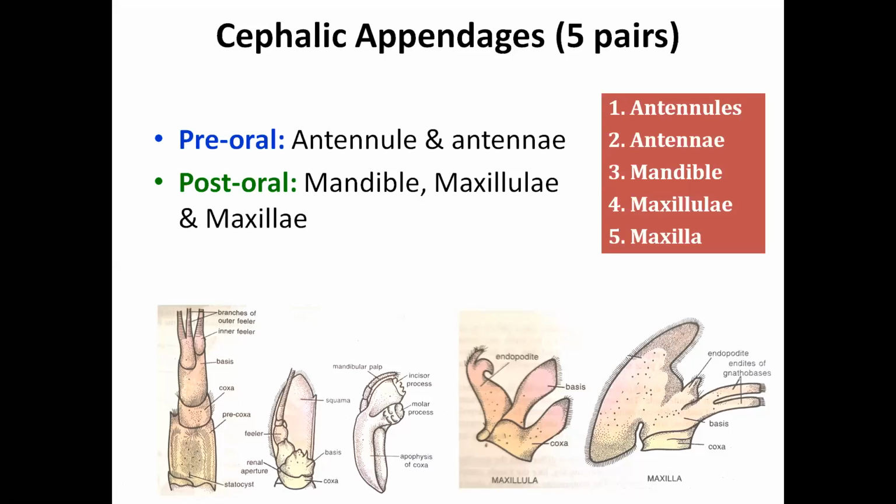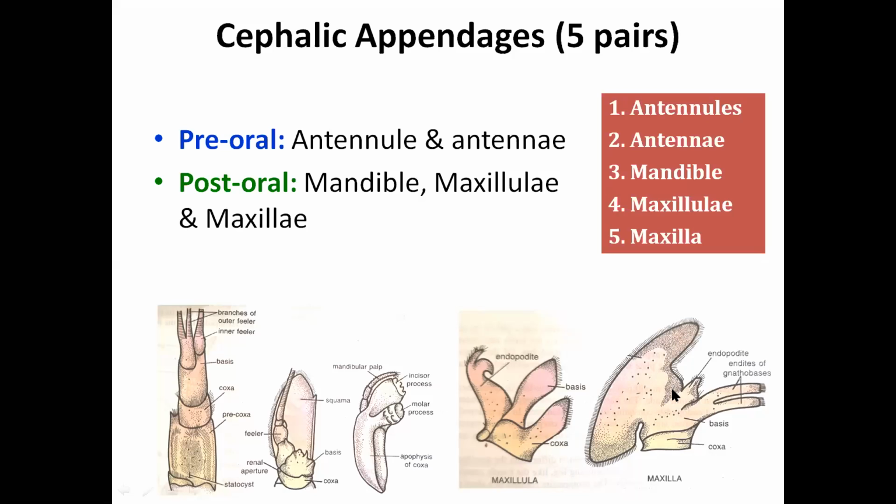Okay, then your fourth one, which is known as the maxillula. This is thin, and you can see that it is a leaf-like appendage. This is actually used for passing the food into the mouth. Then the fifth one is the maxilla. It is also a thin flap-like appendage, flap and leaf-like.